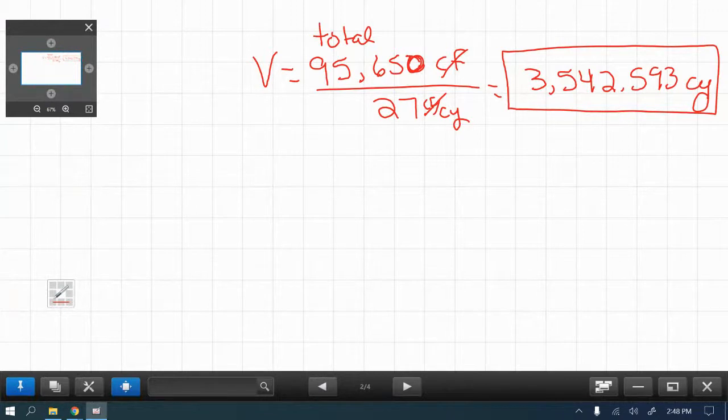The problem online just asks for cubic feet, but on the test I asked for cubic yards, so you divide it by 27. Questions? Does that make a little sense now? Yes, ma'am. Okay, so I'm going to just save this one.